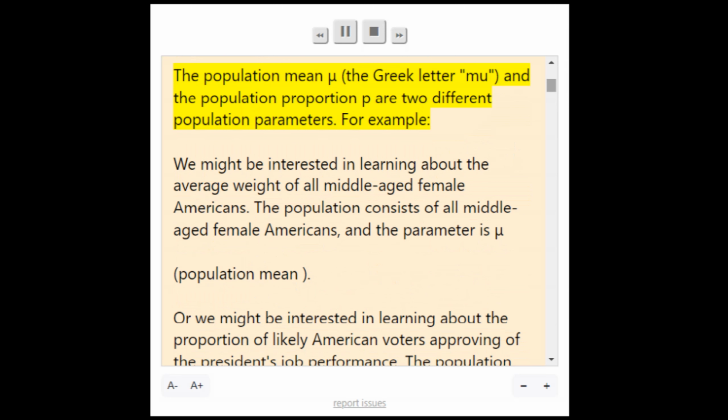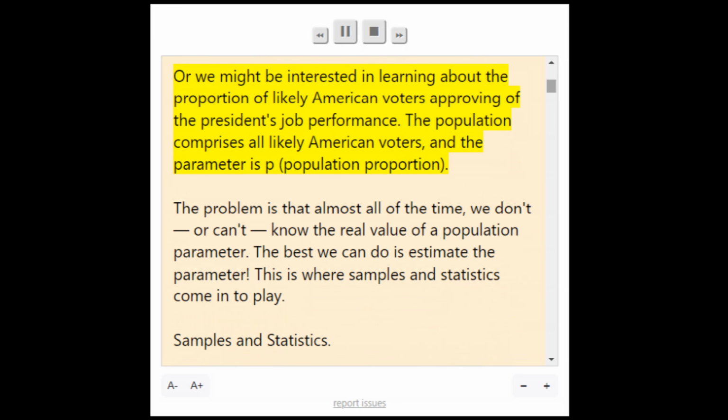For example, we might be interested in learning about the average weight of all middle-aged female Americans. The population consists of all middle-aged female Americans, and the parameter is mu, the population mean. Or we might be interested in learning about the proportion of likely American voters approving of the president's job performance. The population comprises all likely American voters, and the parameter is p, the population proportion.